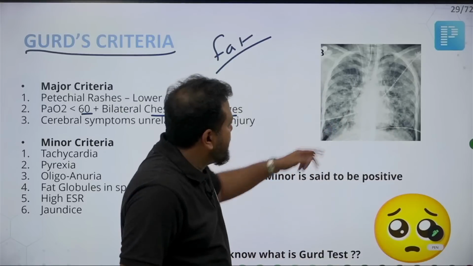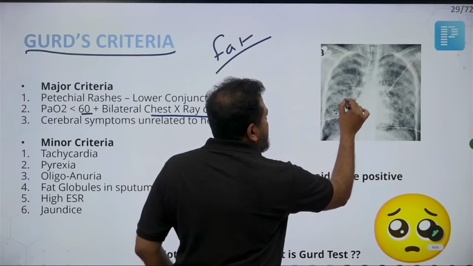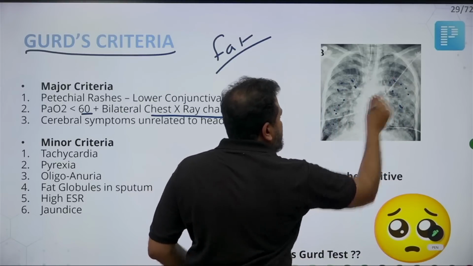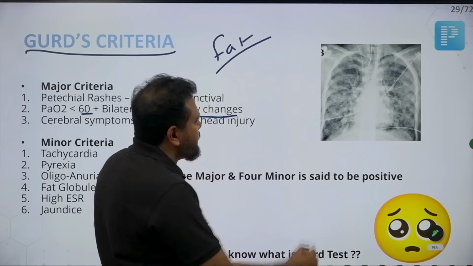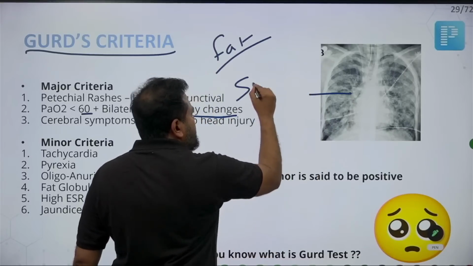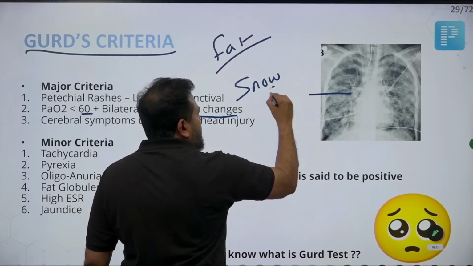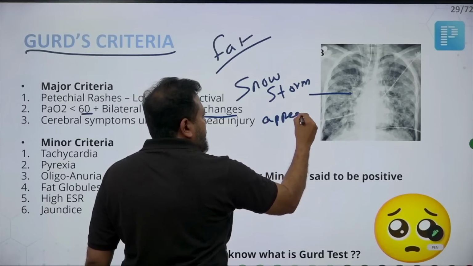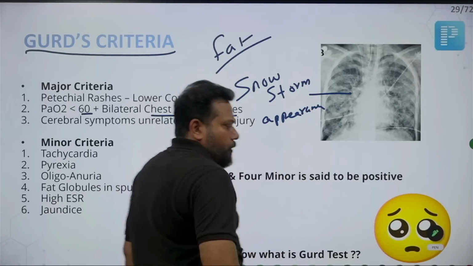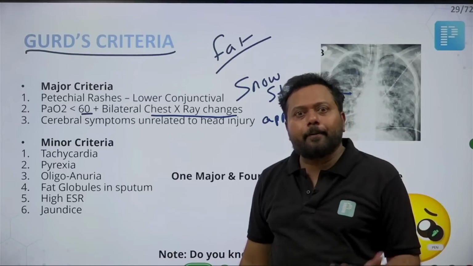See here, you are able to see some small dots like this, multiple small micro dots. Is it not looking like something? This is called snowstorm appearance. Snowstorm appearance of the lung, fat embolism.